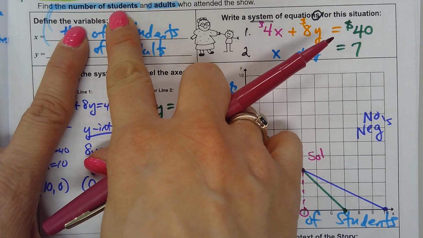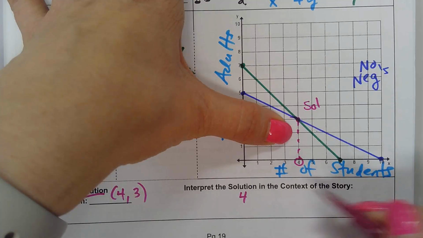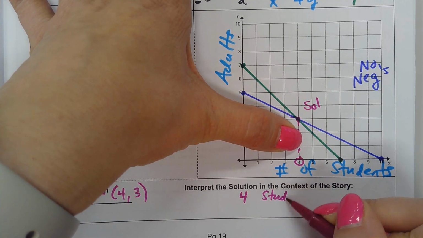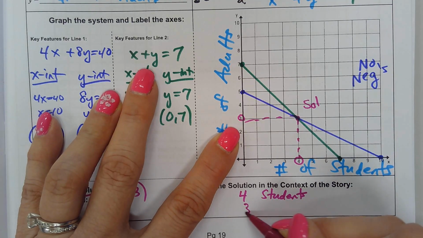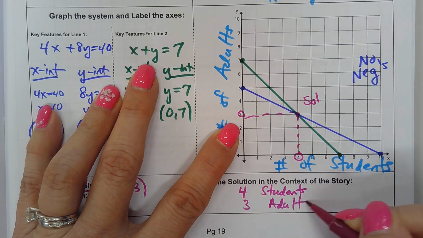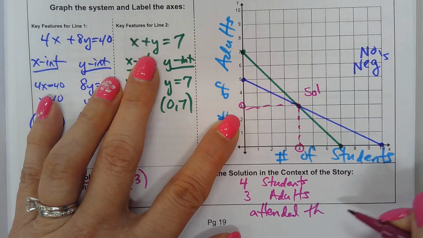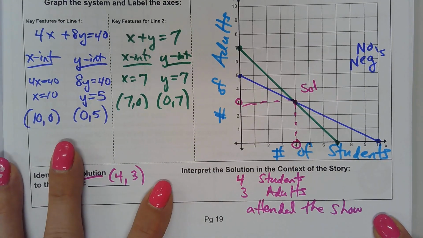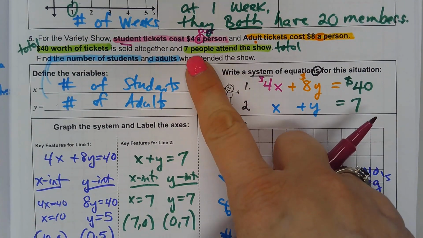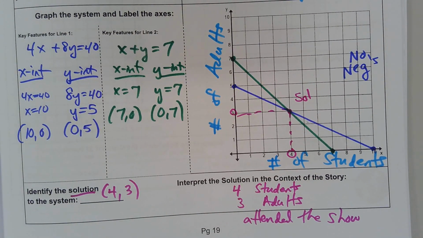Find the number of students and adults who attended the show. 4 students and 3 adults attended the show. And when you look, does that make sense? Because it said 7 people attended the show, and that does make 7 people. Great job.